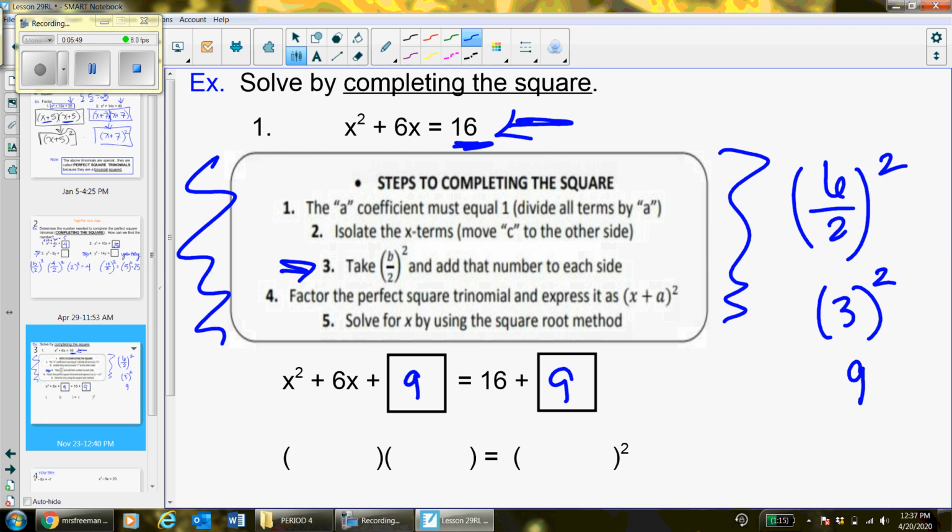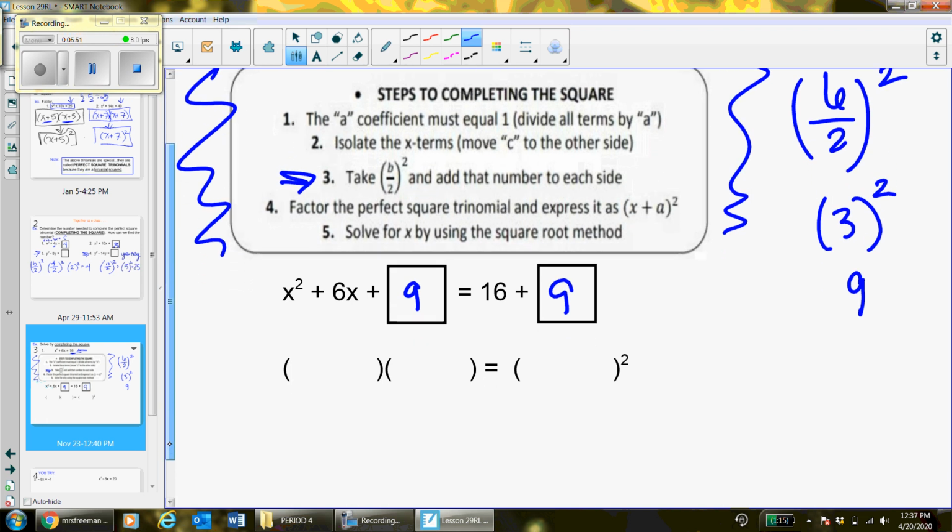All right, so the first thing I want you to look at, this number here, this 3 on the inside of the parentheses, is how you're going to factor the left trinomial. So the left trinomial is going to be x plus 3 times x plus 3, because I know 3 times 3 is 9 and 3 plus 3 is 6. Whatever that number is, this is like a shortcut, whatever that number is in parentheses is always going to be your factored form.